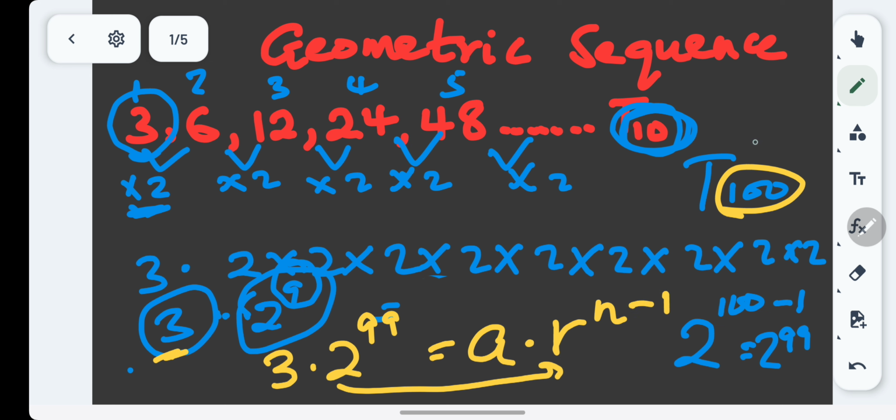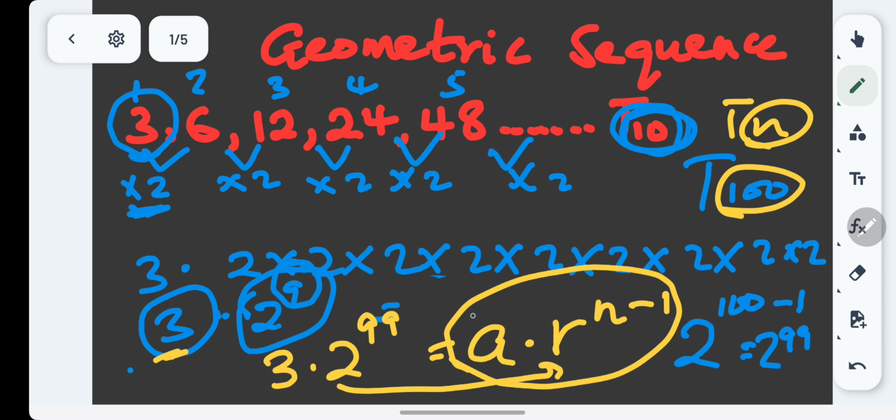And n is the nth term, which is the term that you'll be asked to find. This becomes the formula you use to find any term of a geometric sequence.